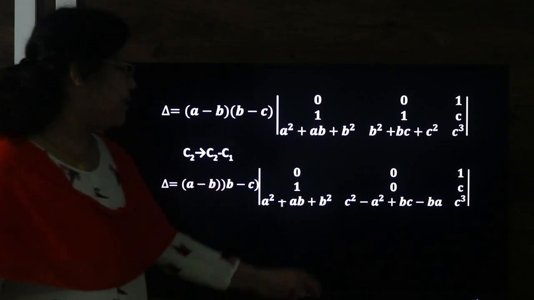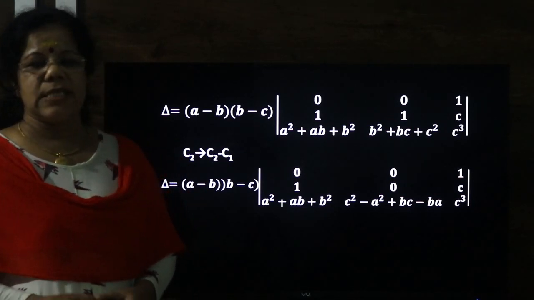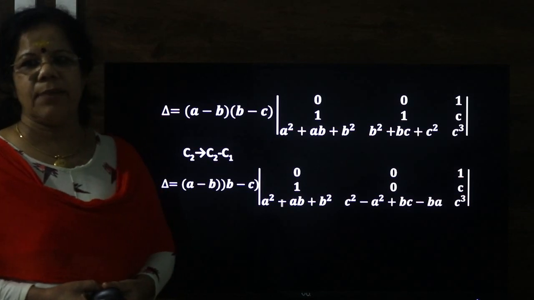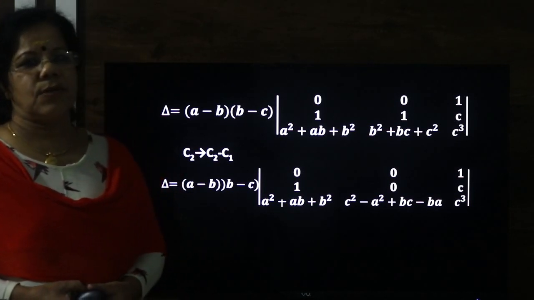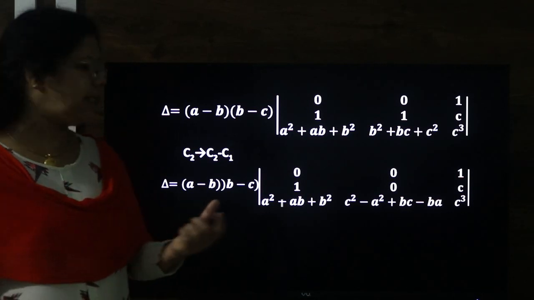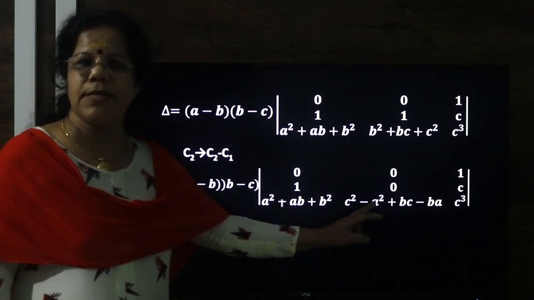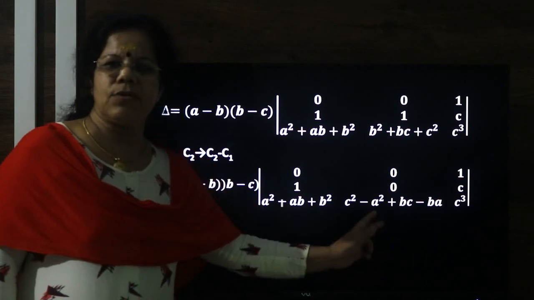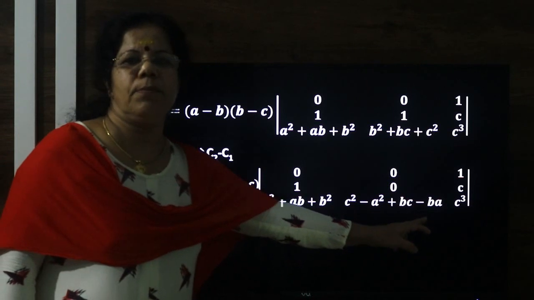Here you see c square minus a square: c minus a is a factor, c minus a into c plus a. In the next case, bc minus ba, you can take b outside, so b into c minus a. So in both terms, c square minus a square is c minus a into c plus a, and here b into c minus a, so taking c minus a outside, the remaining will be c plus a plus b.